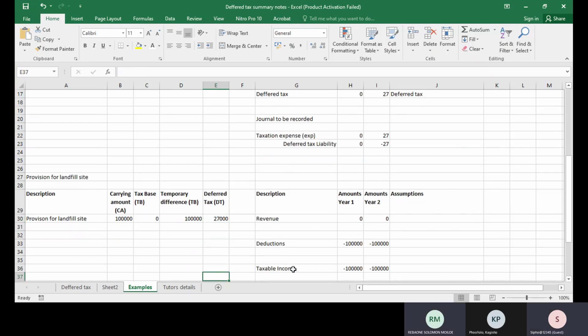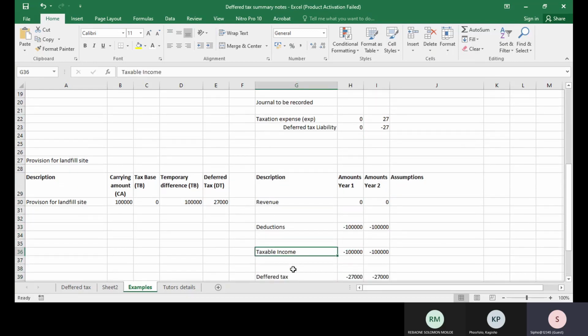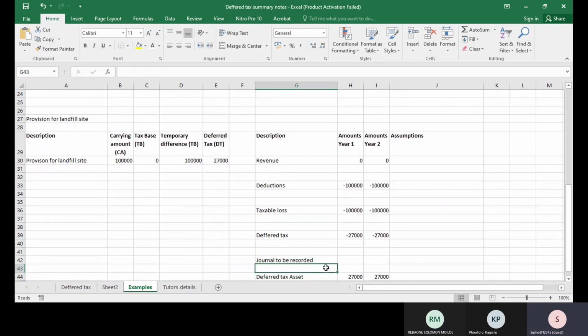You can even do it like this, the way I've done it, in a vertical format. In this case, obviously, we don't have a revenue, but we have a deduction, and then we're going to have a taxable loss. In this case, it's a loss, it's not income. A loss will result in a tax saving, am I right?